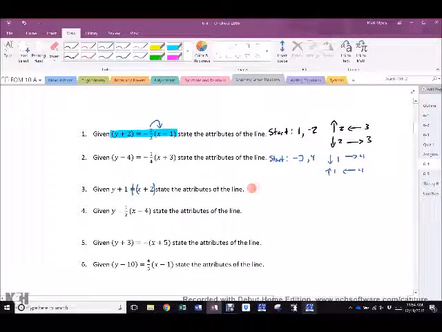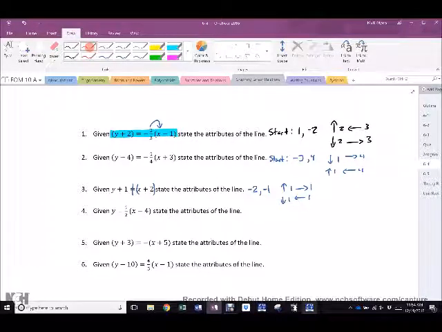So what's my starting point? -2, -1, and then how do I draw it? Up 1, right 1. Or down 1, left 1. Or up 7, right 7. Or up 312, right 312. Right?